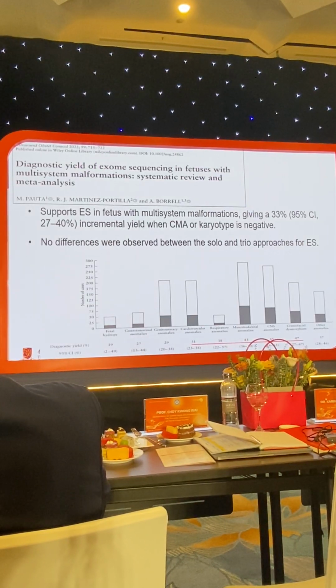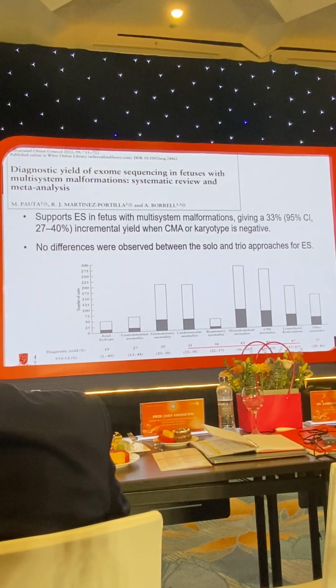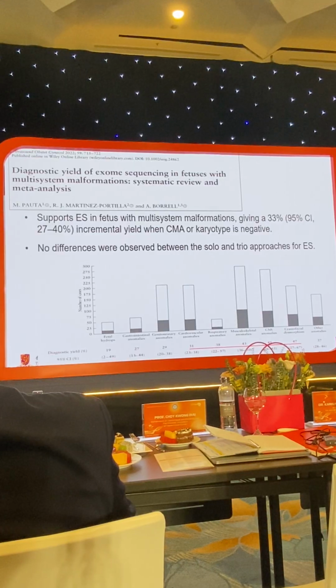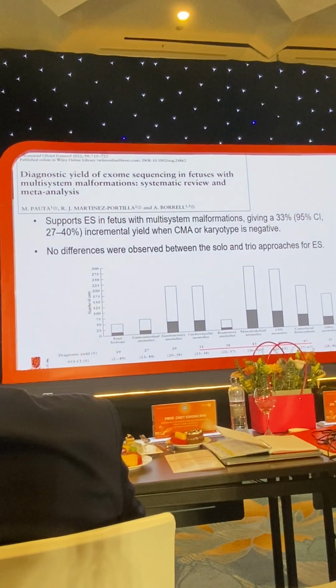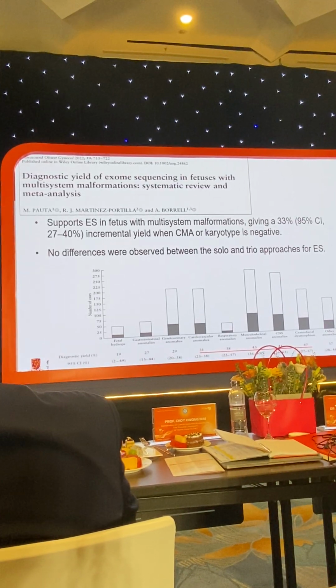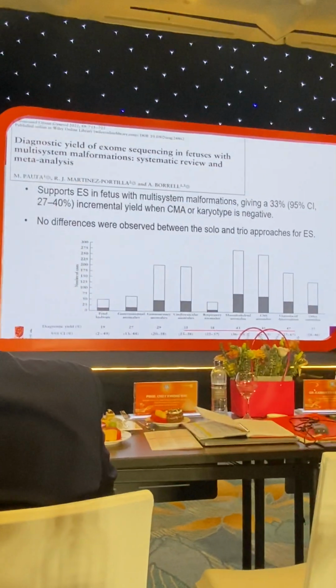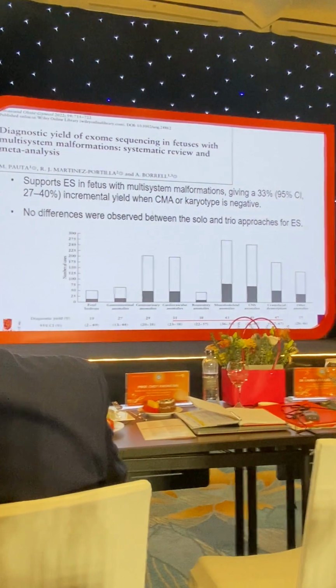And I am not going to bore you with all the data that Professor Mark Kilby has shown with you and others. The key point here is that most of the meta-analyses and review literature are the same: exon sequencing in fetuses with multiple abnormalities, like this one, you can see that it increased the diagnostic yield for those cases that already had CMA and karyotyping negative, right?